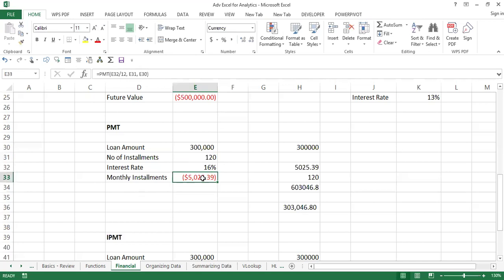If a loan of 300,000 is taken for 10 years at interest rate of 16%, then each month to clear up this loan in 10 years, what should be paid back is 5,000 something.